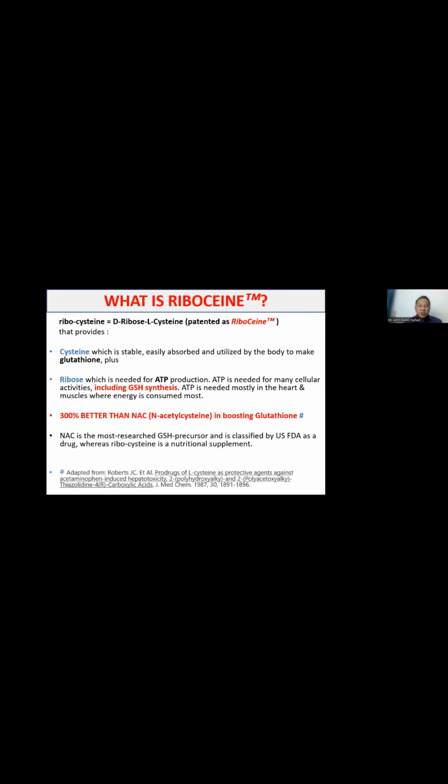And the ribose, which is used to stabilize the cysteine, is also useful as it is then used by the cell to make ATP, the energy carrying molecule, and ATP itself is needed in the synthesis of glutathione, apart from being important in all our cells that require energy to function.